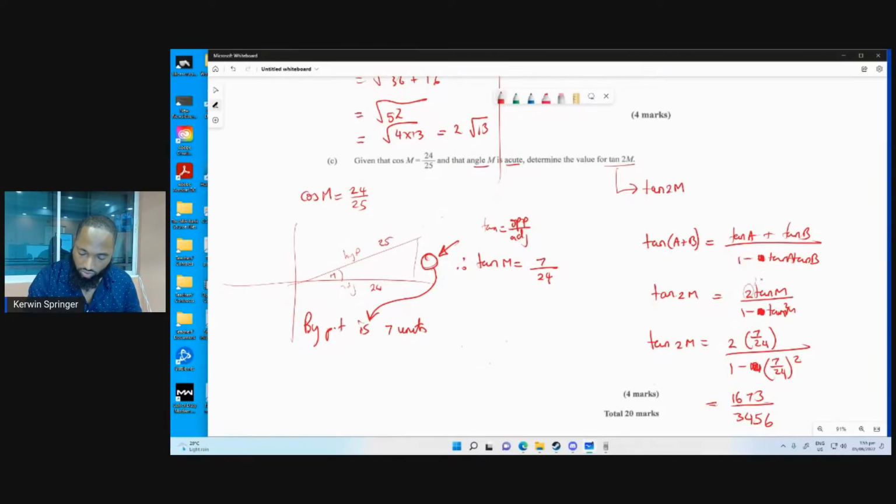All right, let me try again. So 2 times 7 over 24, divided by 1 minus 7 over 24 squared.